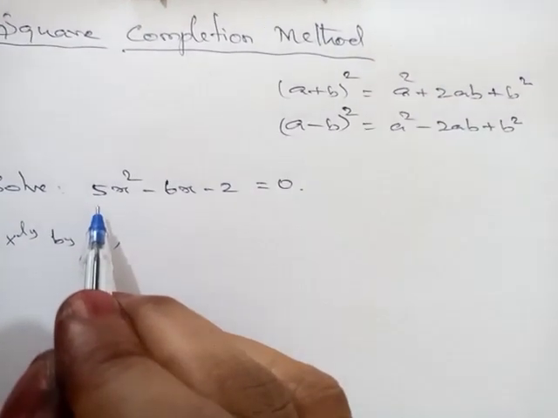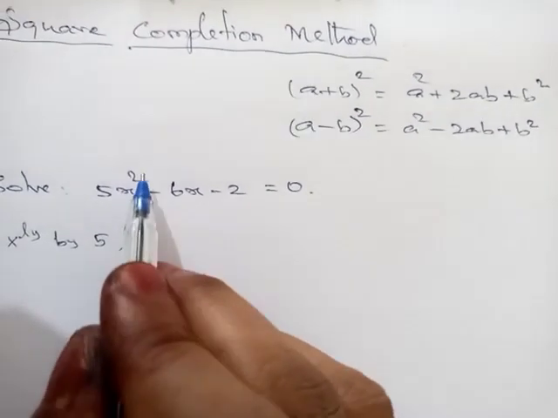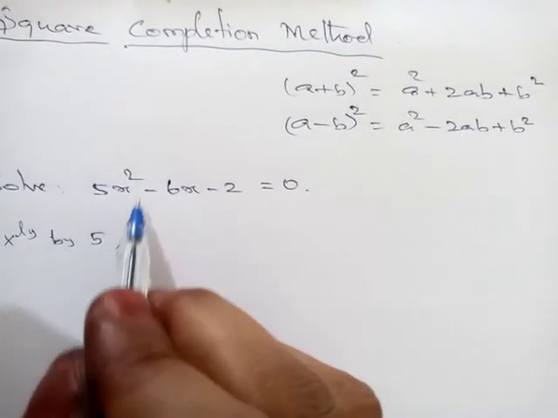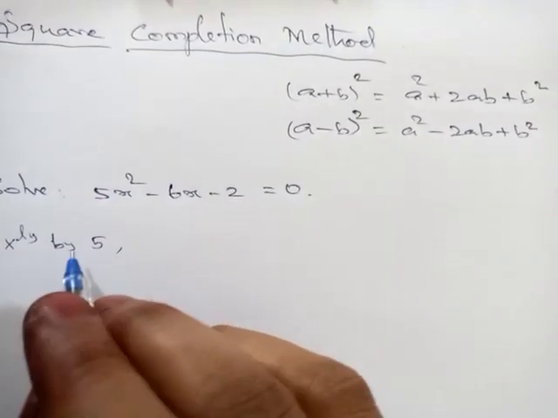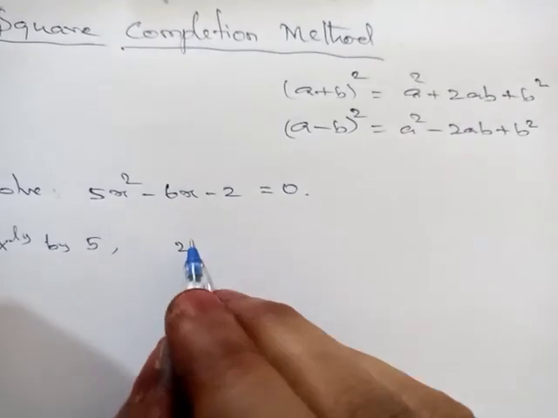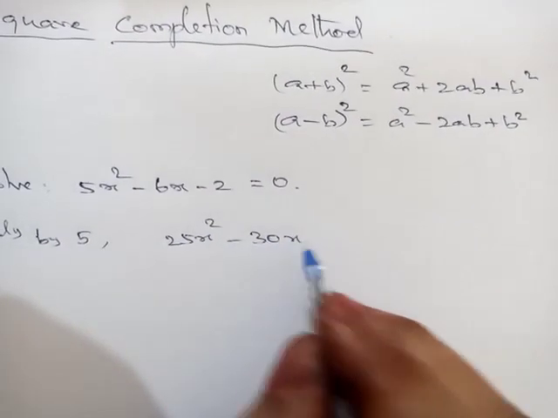Suppose any number is there, for example 25x square, we can write 5x the whole square. Like that, first we have to change this first term as the whole square. That's why I am writing 5 multiplied by 5 everywhere. So 25x square minus 30x minus 10.